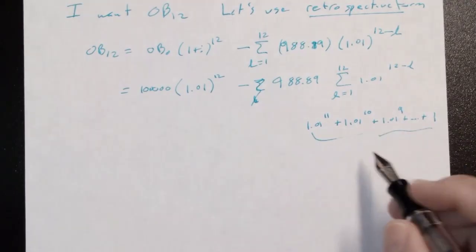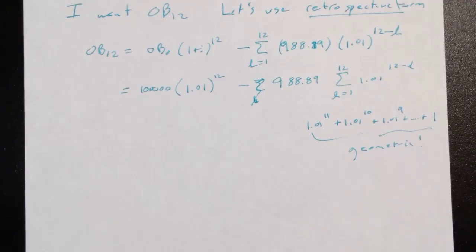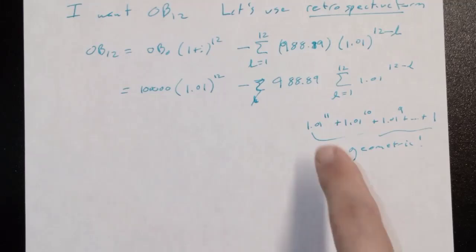Wait a minute, this is geometric. That's the sum of a geometric series. Yay! I know that one. It's a finite geometric series in terms of 1 plus i. Grab your formula sheets, the ones from the ACTEC pile.